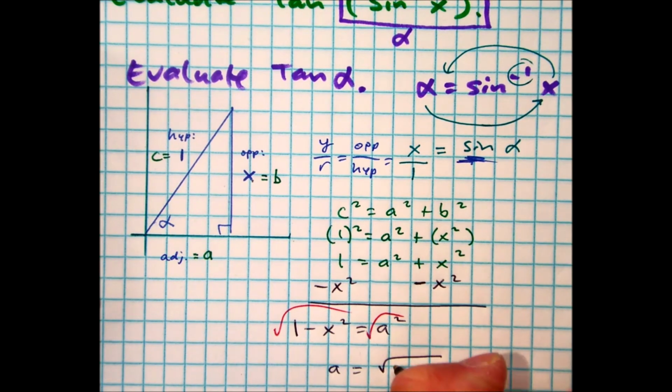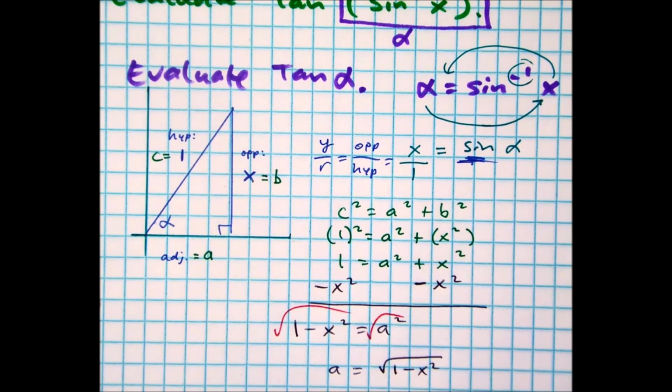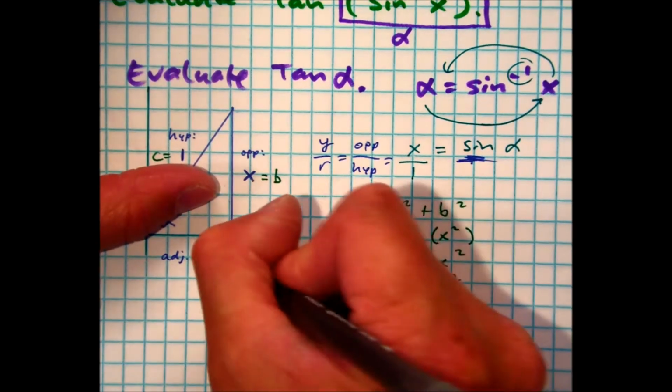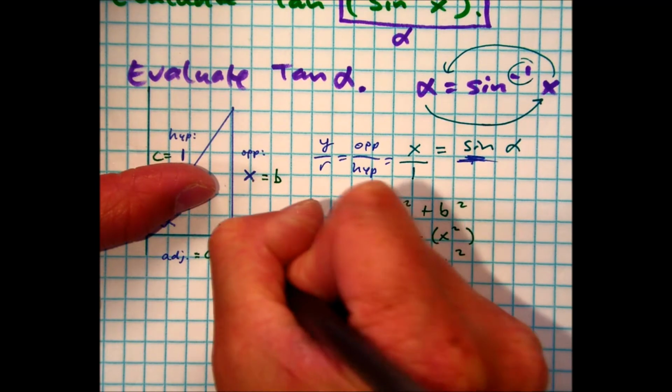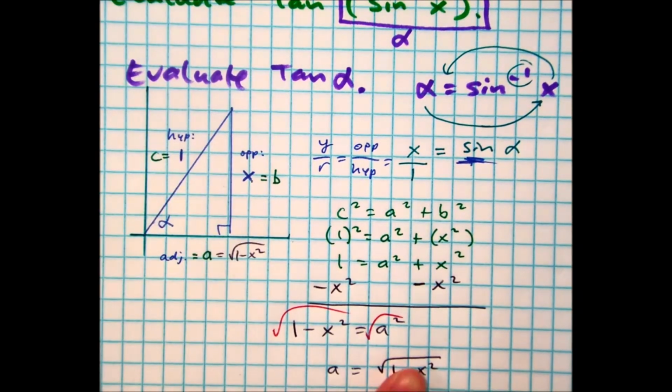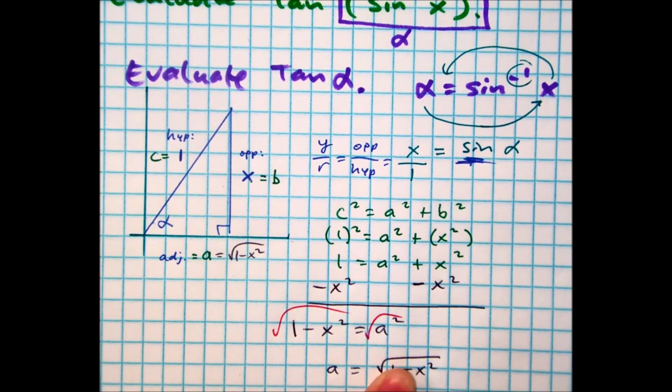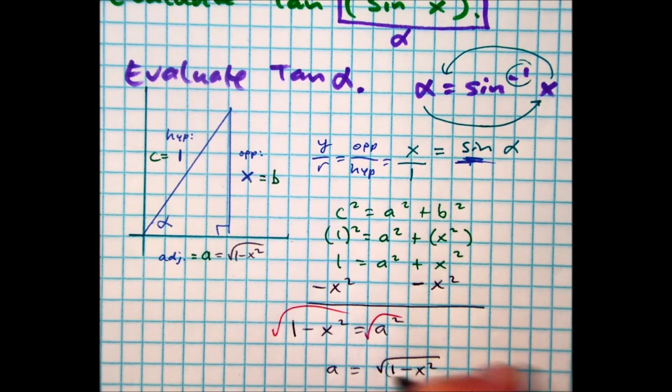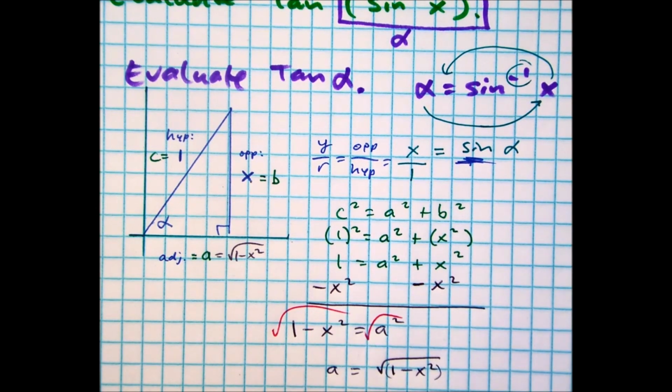A is equal to the square root of 1 minus x squared. Now, your temptation might be to try to simplify the square root of 1 minus x squared, but this is an expression. You can't break it apart. Okay?